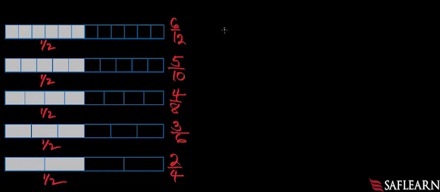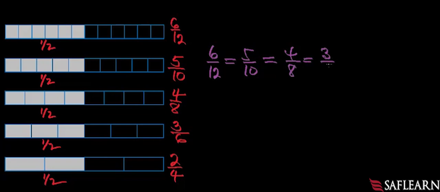Now that means 6 over 12 is equal to 5 over 10 is equal to 4 over 8 is equal to 3 over 6 is equal to 2 over 4, and finally all these are equal to 1 over 2. So these are called equivalent fractions.